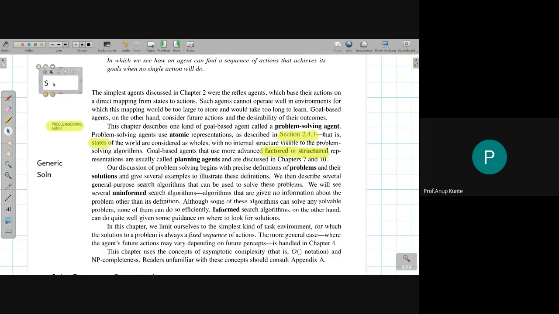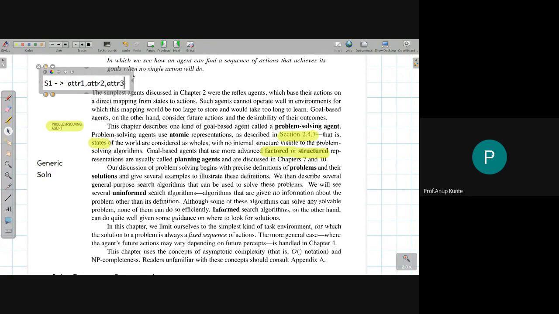Suppose to represent some state of an environment S1, I require three attributes. I'm writing ATTR to represent the attribute. So I may require three attributes which define a state for an environment.